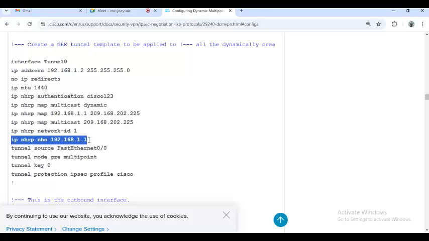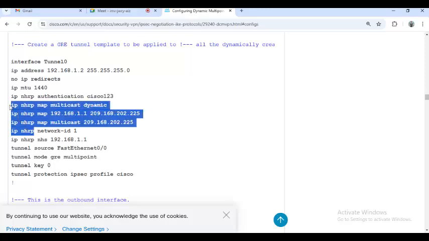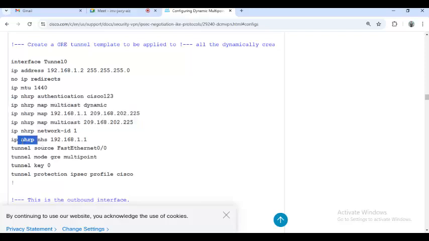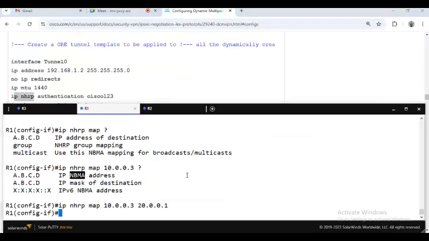These 2 are optional. Authentication on this. IP NHRP NHS is 10.0.0.3. Right. That's all. Now what is left is the OSPF. Only if it is needed, we will enable OSPF. Otherwise, that is also not needed.